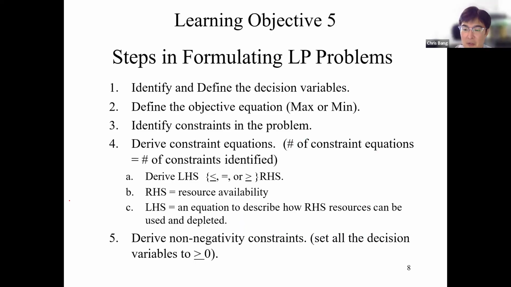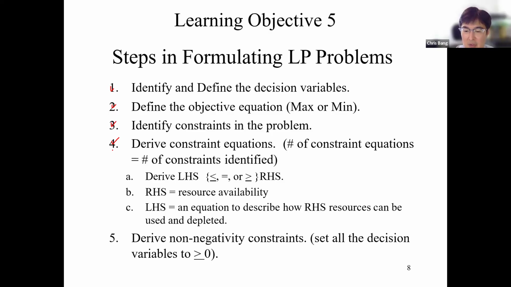When formulating an LP problem, we follow a step-by-step process. First, identify the decision variables. Second, define the objective as either maximization or minimization. Third, identify the constraints in the problem. Fourth, convert those constraints into equations or inequalities.